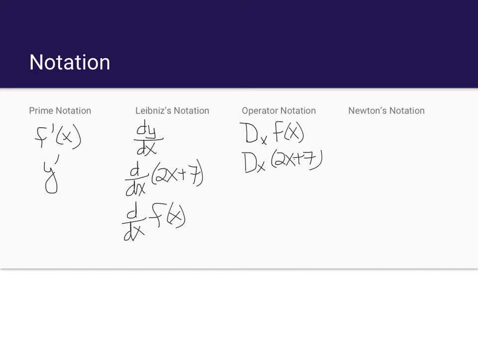The fourth kind of notation is Newton's notation, Newton being the other person who discovered calculus at the same time that Leibniz did. Newton's notation is not used very often anymore, mostly because later on down the road it becomes fairly clunky and isn't very friendly to use. But here's how Newton indicated the derivative.